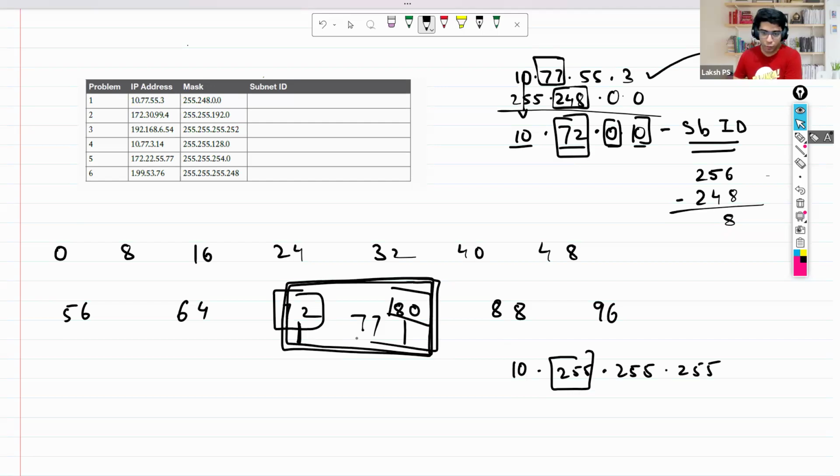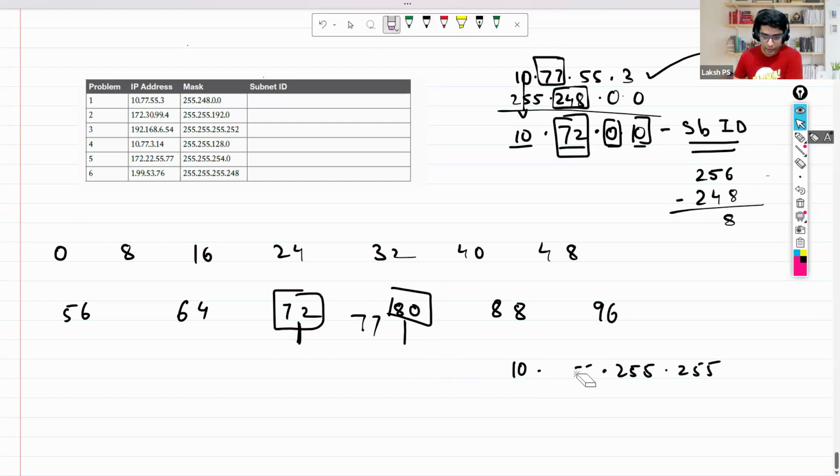So what number should come in this second octet? The number will be the larger of 72 and 80. Here 80 is the larger number between them, so we will subtract one from that, 79.